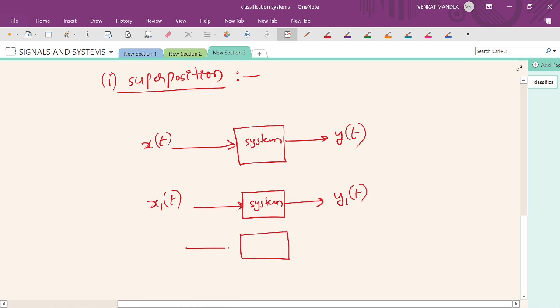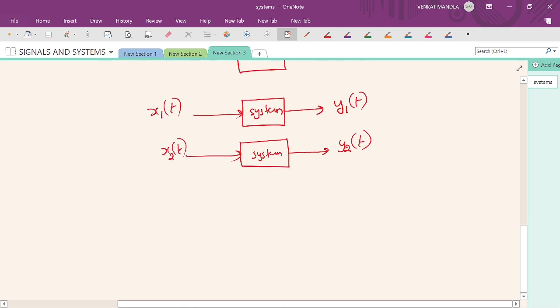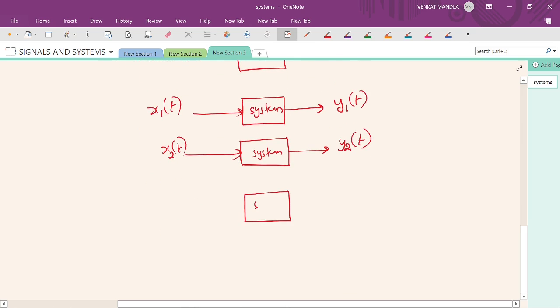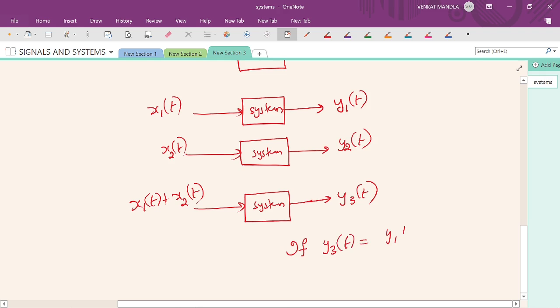Now I will apply x2 of t as the input, I will get y2 of t as the output for the same system. Now for the same system, I will apply x1 of t plus x2 of t combinedly. Then let us say I will get some y3 of t. If y3 of t equals y1 of t plus y2 of t, then the system obeys superposition principle.